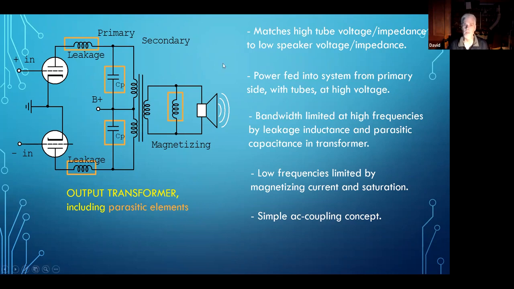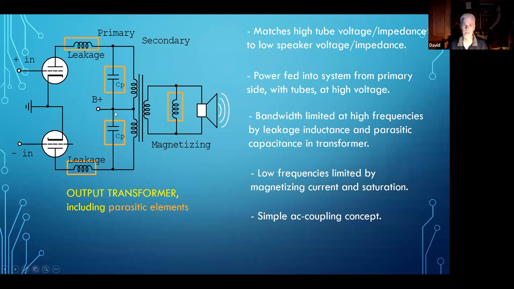But forgetting that for a minute, what the output transformer does is match the high tube voltage or impedance to the low speaker impedance, and that's the desired function that you need to drive a speaker from tubes. So in this system, the power is fed in from the primary side with the tubes at high voltage.